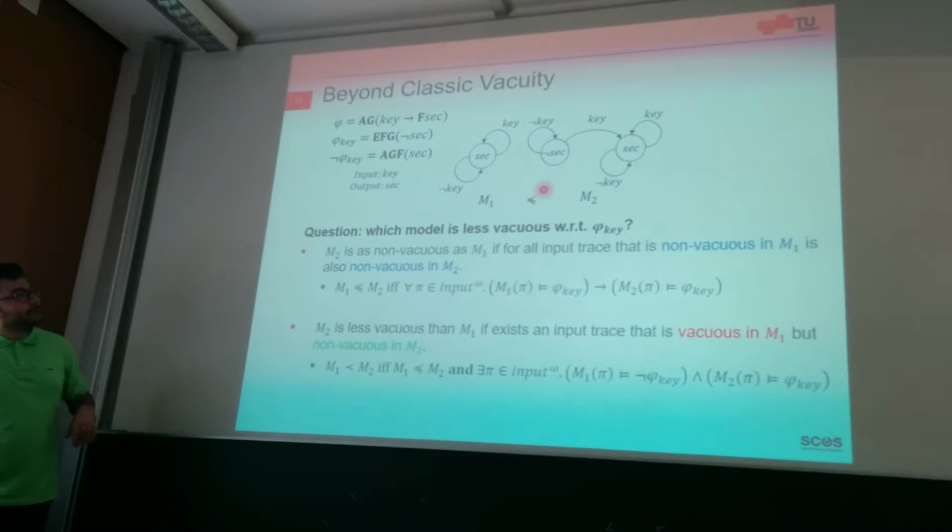So this path in M2 will satisfy the witness formula, and the corresponding path in M1 will satisfy the strengthened version. Interesting, isn't it? M2 is strictly less vacuous than M1, but it is only slightly better.